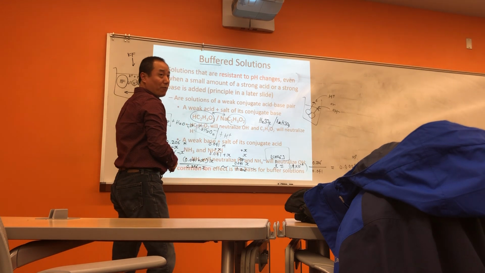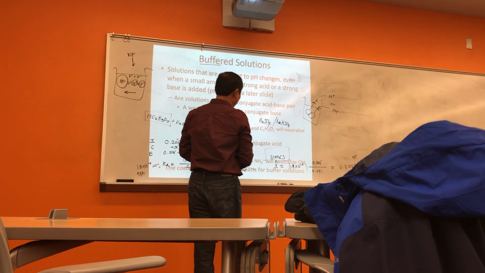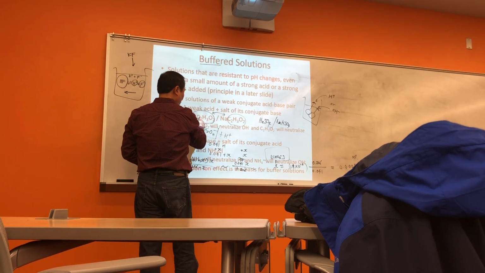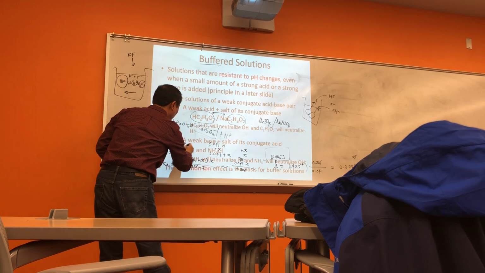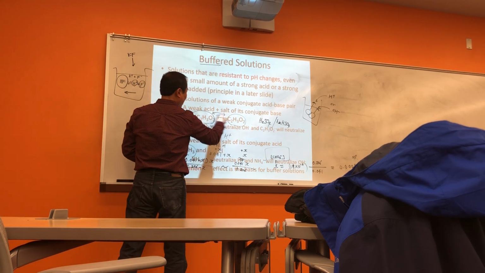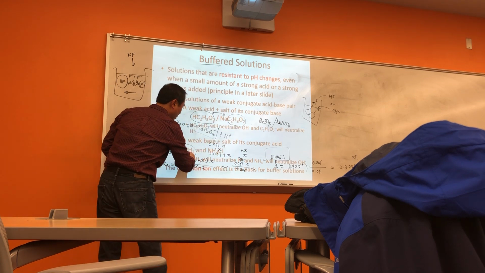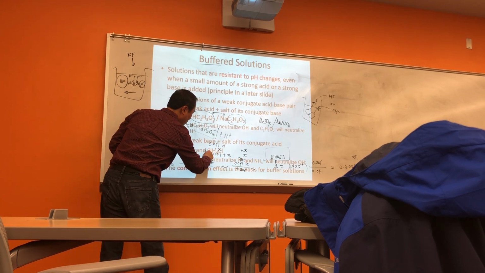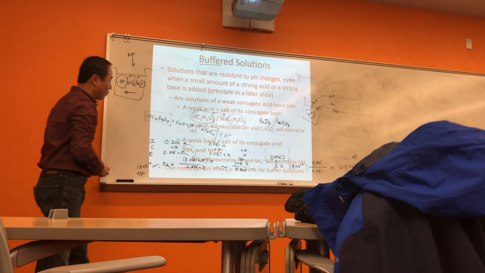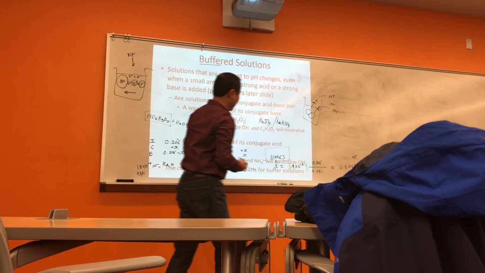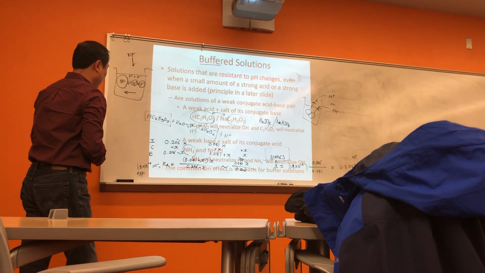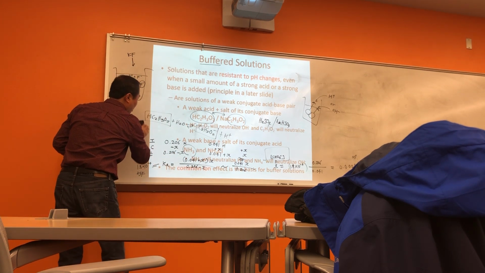This doesn't make a buffer. It should always be a weak acid or weak base, like ammonia, and its conjugate base or conjugate acid. So ammonia and ammonium chloride will also make a buffer, but it shouldn't be a strong acid and its conjugate. Okay?